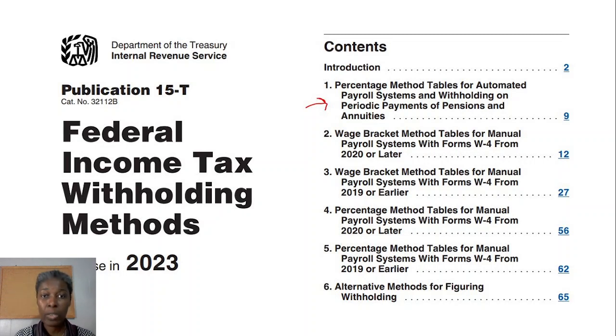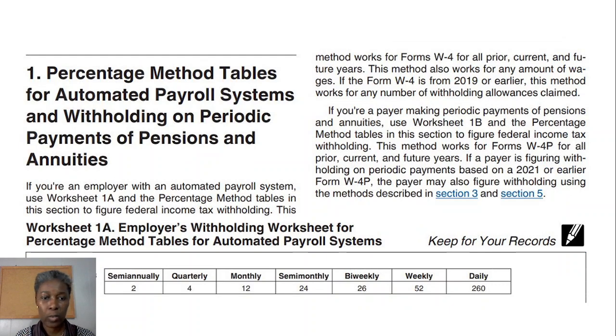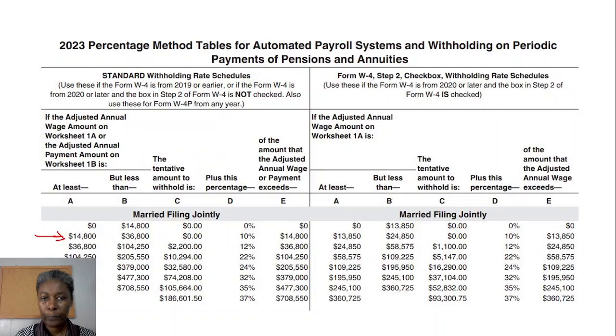But for this estimate, we can use section 1, the percentage method for automated payroll systems. The reason I like it for this example is that it takes the annual salary into consideration. So we are using $20,000.